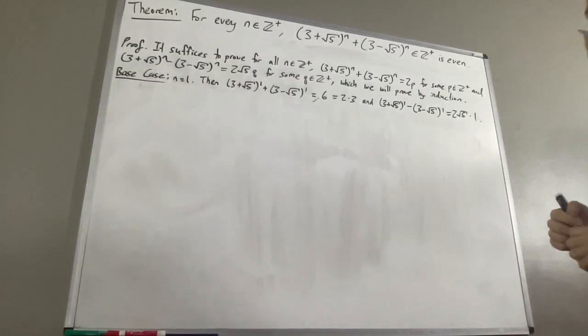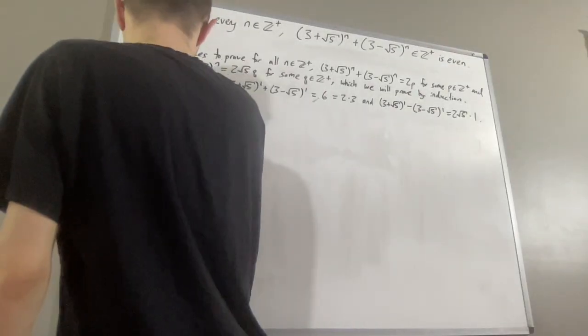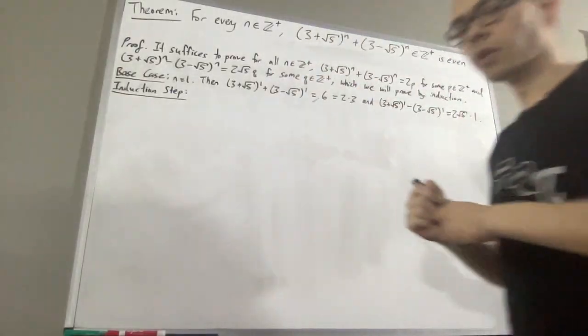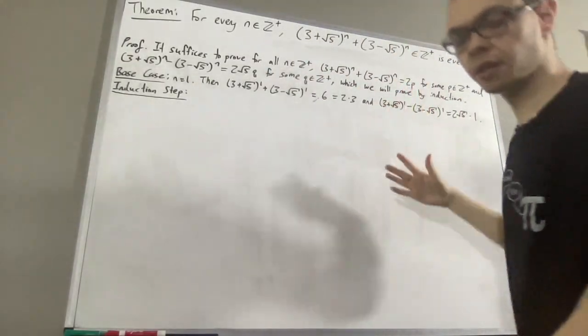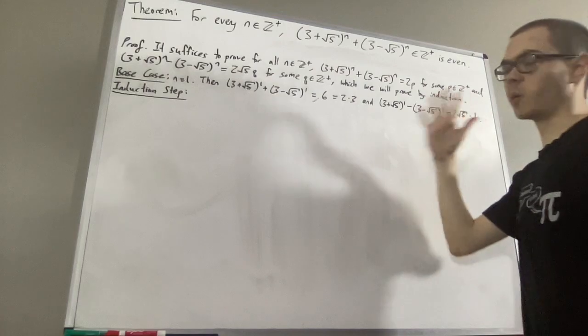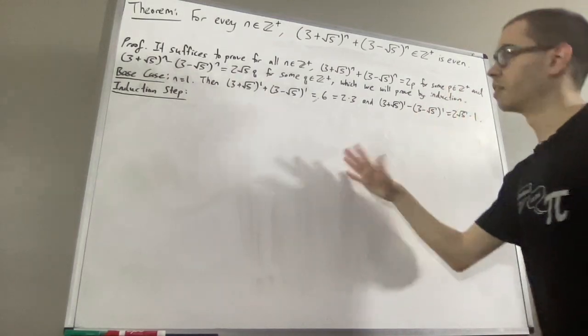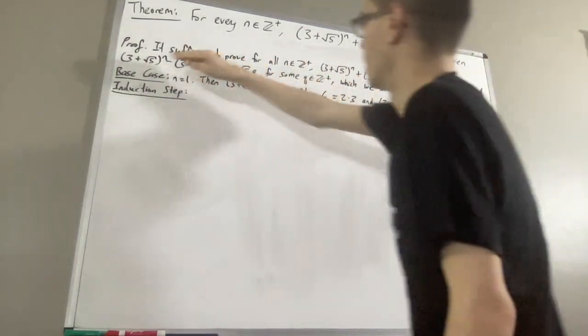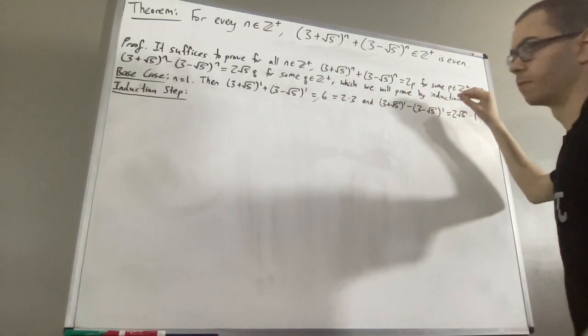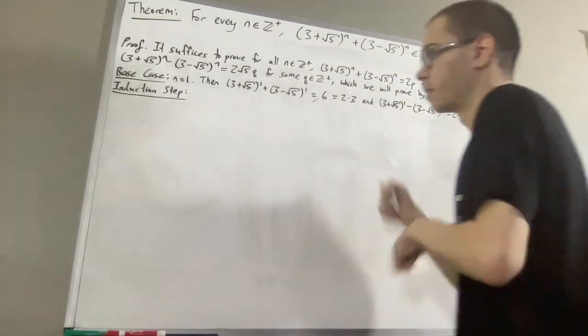Now let's move on to the induction step. In the induction step, let's give ourselves an arbitrary positive integer k. And we assume, for our arbitrary positive integer k, that this and this are true, where we take n to be k.